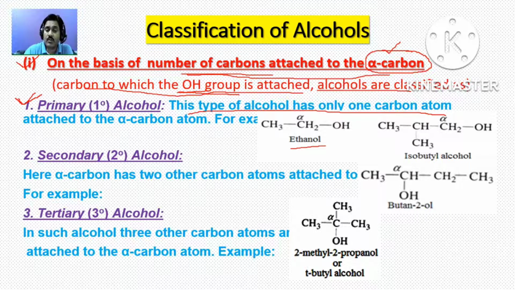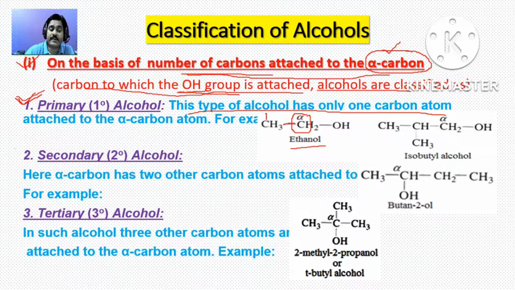In ethanol, that is the alpha carbon atom and it is combined with only one carbon atom. Such kinds of alcohols are called primary alcohols. In these alcohols, the alpha carbon atom combines with the hydroxyl group and also one carbon atom. So these are called the primary alcohols.